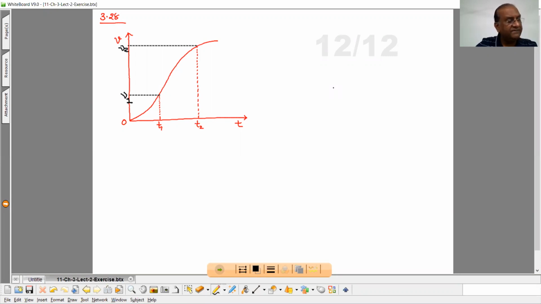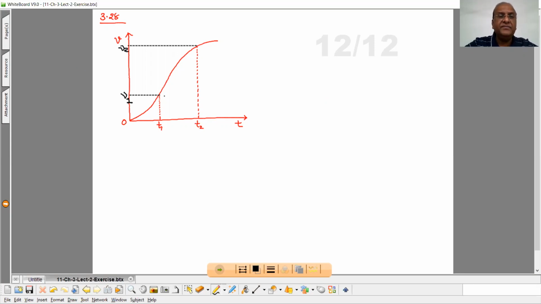First formula, x at time t2 equal to x at time t1 plus v at time t1 into t2 minus t1 plus half a into t2 minus t1 squared. Now this one is the equation for the position at time t2 for motion with constant acceleration.